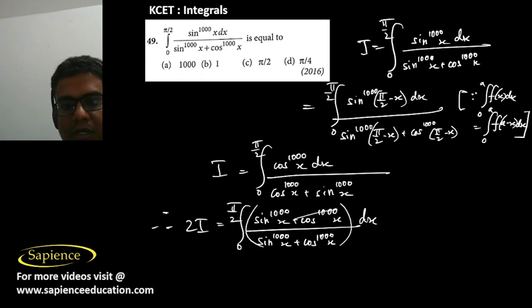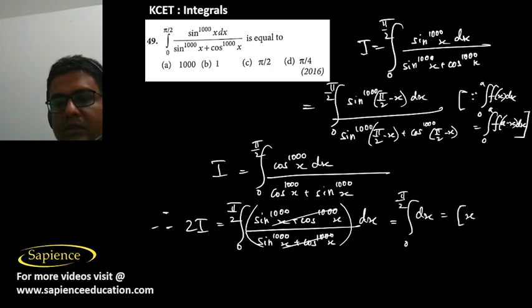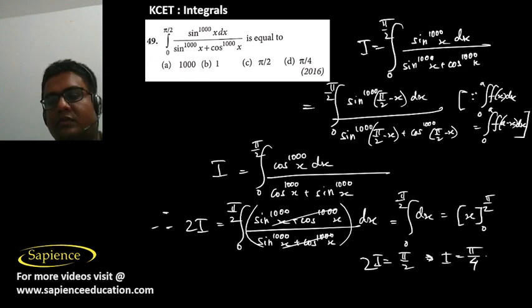So these two will get cancelled. This will be the integral from 0 to pi by 2 of dx, which is x integrated from 0 to pi by 2. So 2I is equal to pi by 2, which means I is equal to pi by 4. Option D is the correct answer.